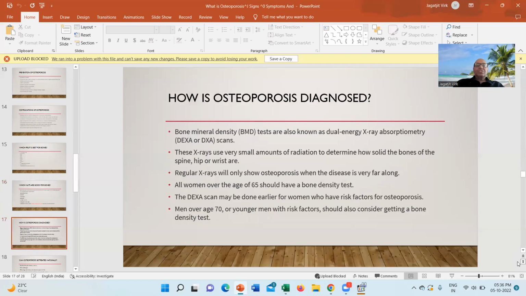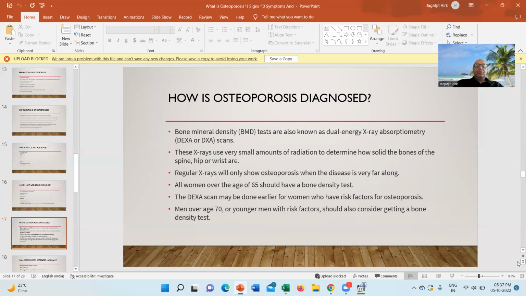How is osteoporosis diagnosed? Bone mineral density BMD tests are also known as dual energy X-ray absorptiometry, DEXA or DXA scans. These X-rays use very small amounts of radiation to determine how solid the bones of the spine, hip, or wrist are.